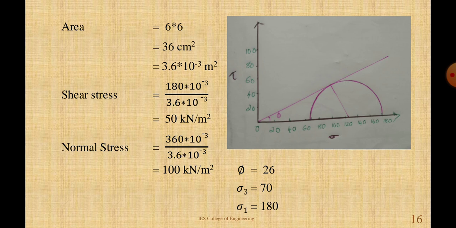From the coordinate, drop the perpendicular line towards the x-axis and take that line as a radius and draw the circle. Thus we will get the major principal stress σ1 as 180 kilonewton per meter square and minor principal stress as 70 kilonewton per meter square.